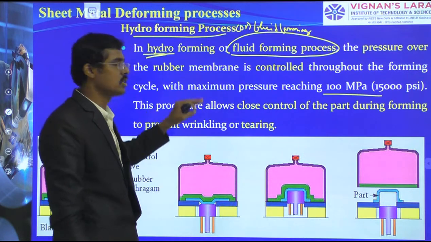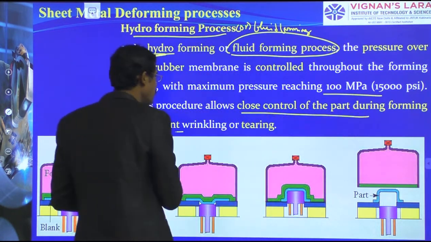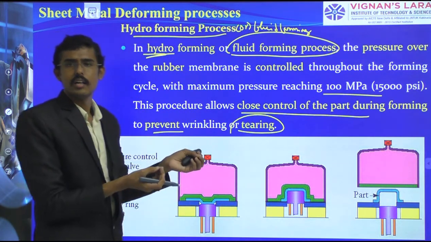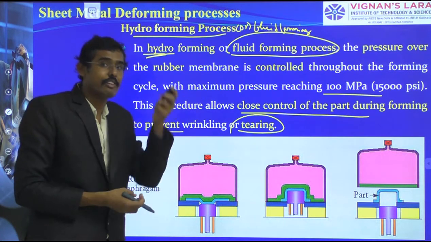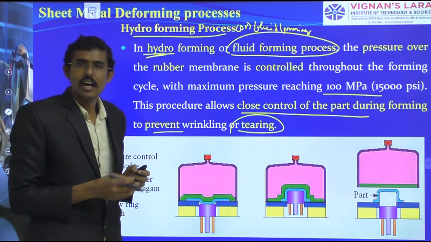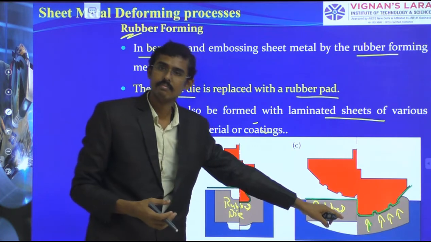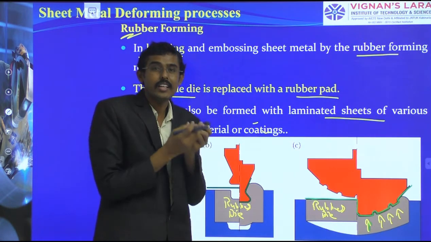This procedure allows close control of the part during forming to prevent tearing of the die and tearing of the sheets. The damage can be avoided. How are we avoiding it? There I have given the flexibility of 20% resistance and cushion effects by using a rubber that has a cushion, having close contact, avoiding the failure.